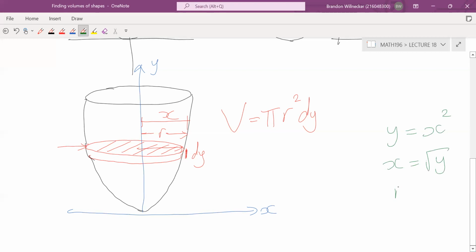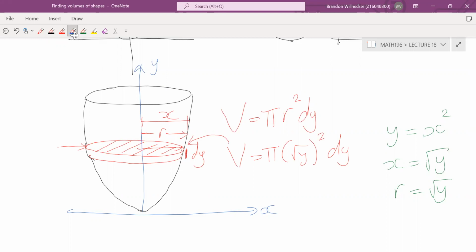So that means the radius is equal to root y. So as I move up the shape from y equals 0 to y equals 1, the radius increases as root y. So that means the volume is going to be pi root y squared dy. That's the volume of this little section here.